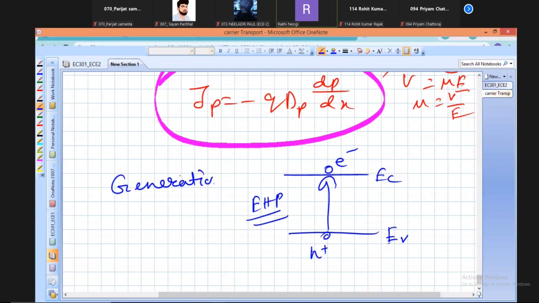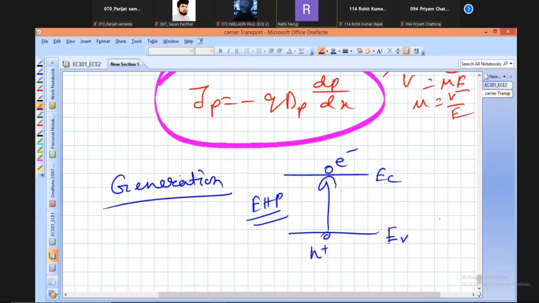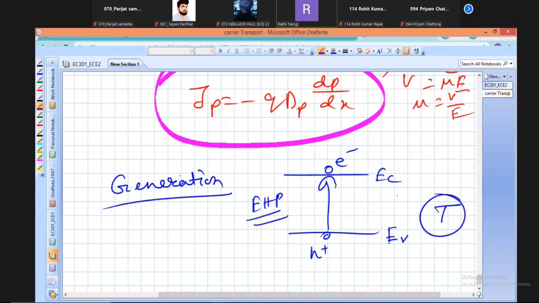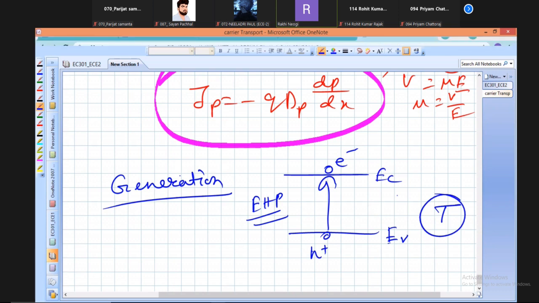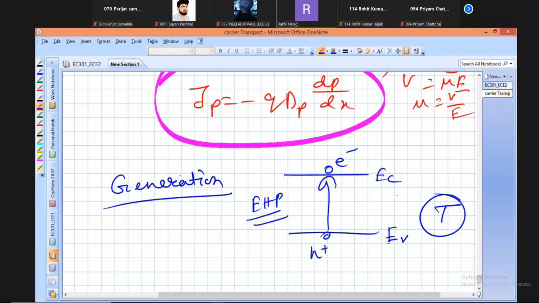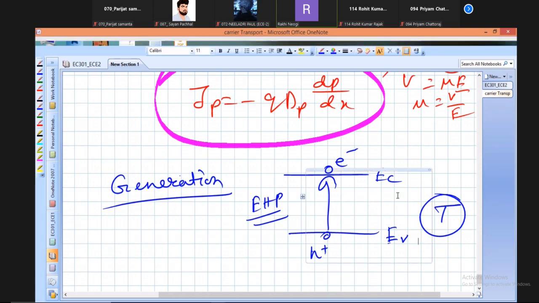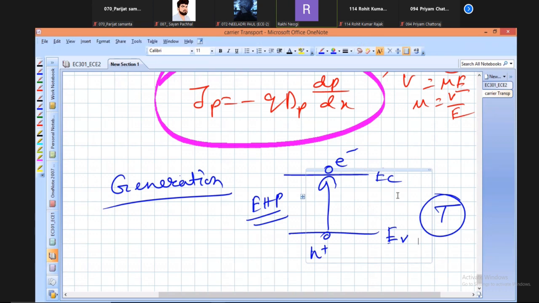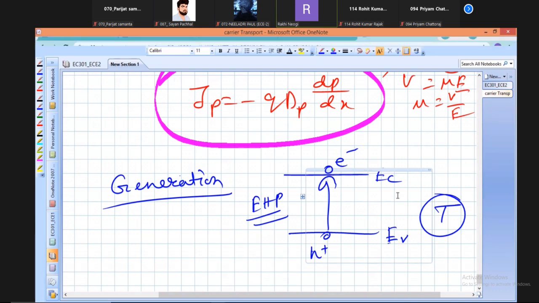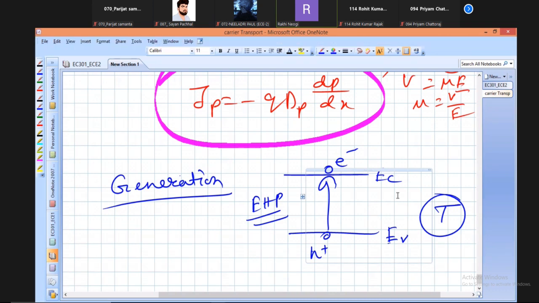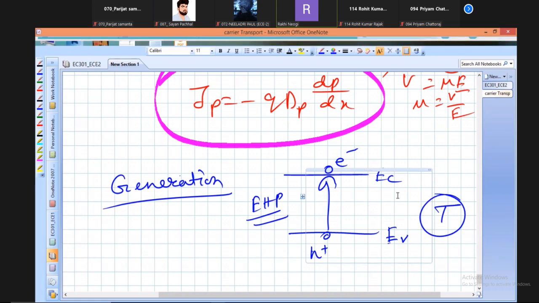This process occurs because thermal energy is absorbed, and if that absorbed energy is more than the band gap, then electron-hole pairs are created. There are also other processes where holes and electrons are created together.